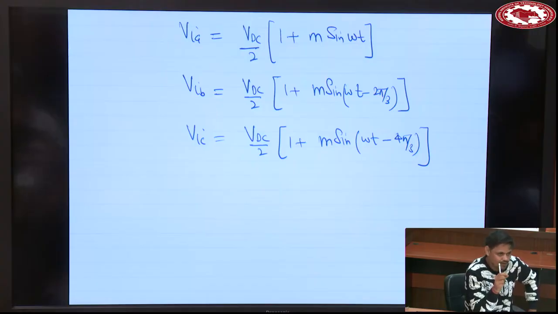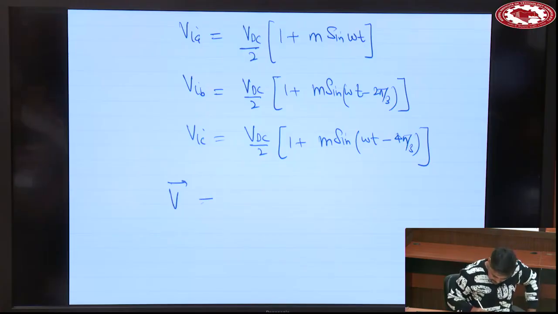So when you calculate the space vector, the DC term will vanish, and this vector becomes m e to the j theta.